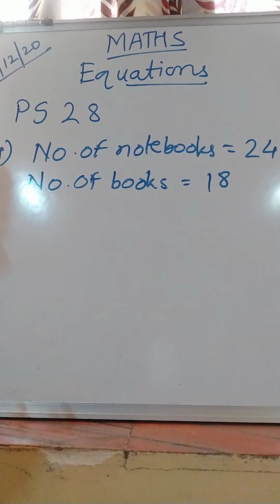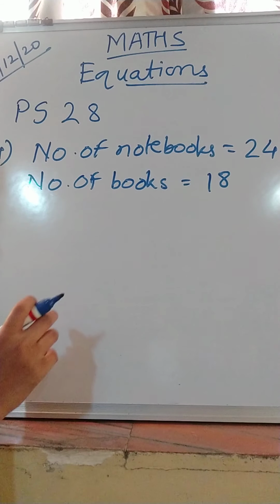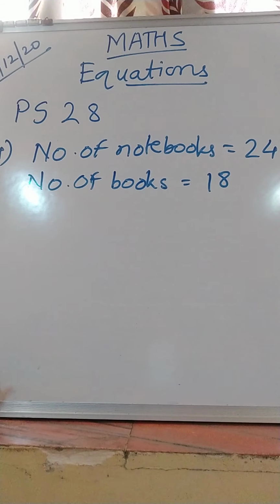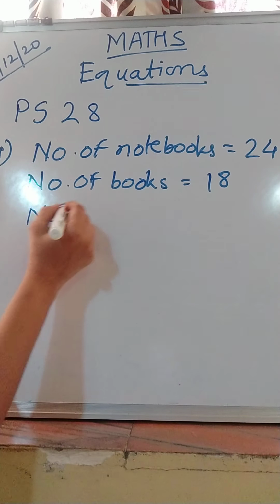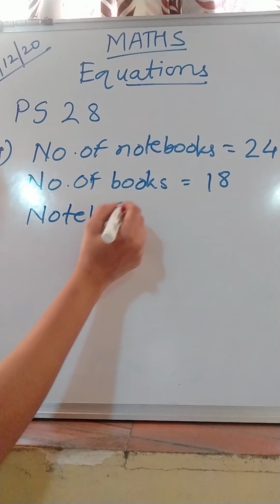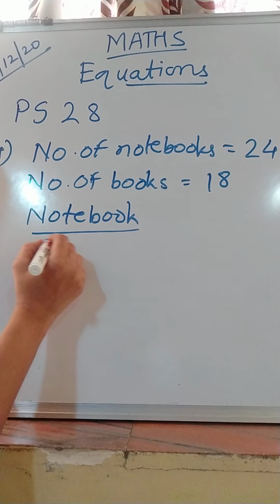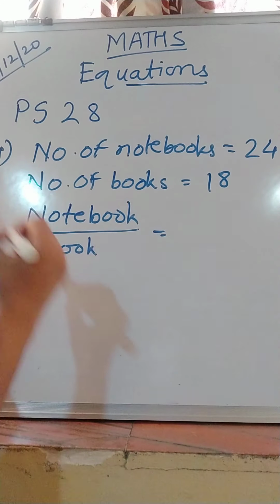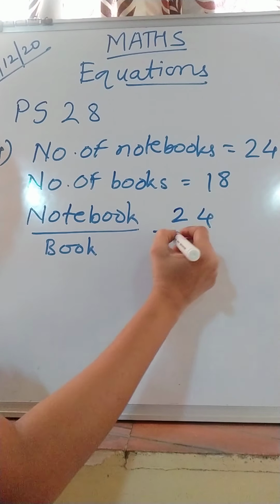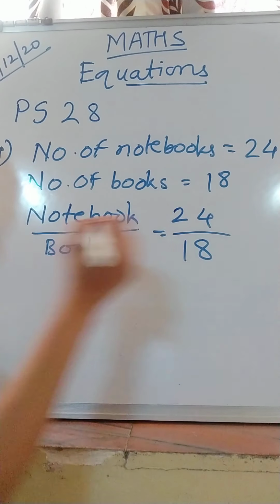The quantity mentioned first you write in the numerator, and the second one in the denominator. So notebook to book ratio we have to find. Number of notebooks is 24 and number of books is 18.